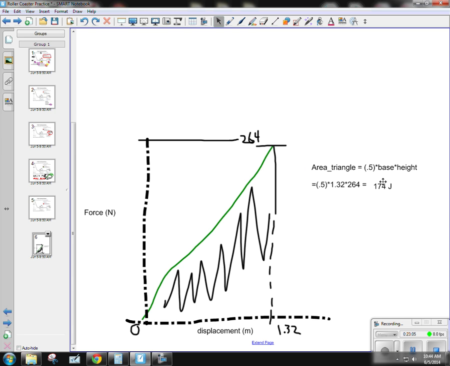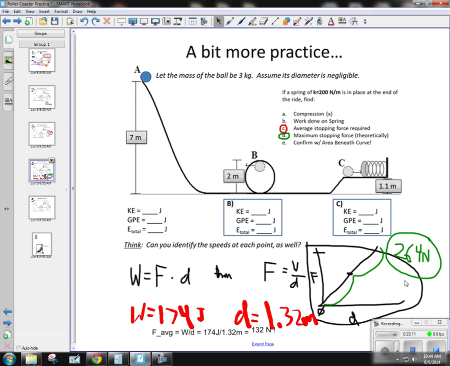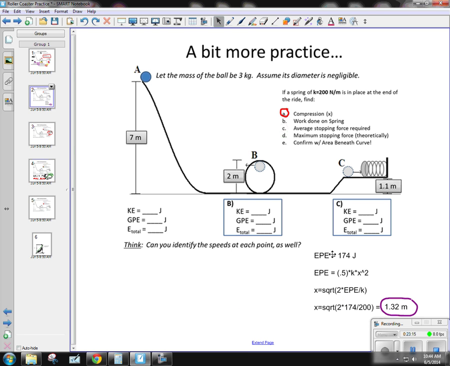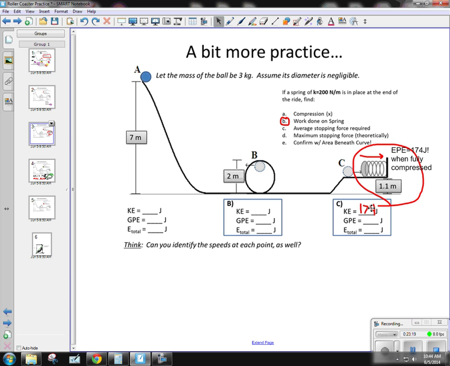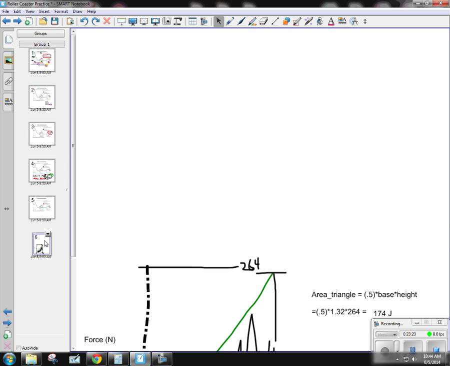Well, wait, that number looks familiar. 174 joules. 174 joules is the area of this. It's also the work done on the spring. It's also, where is it? The elastic potential energy when it's fully compressed. These are all equivalent.